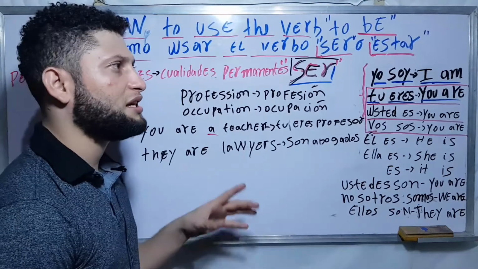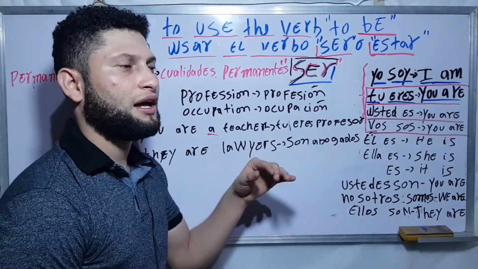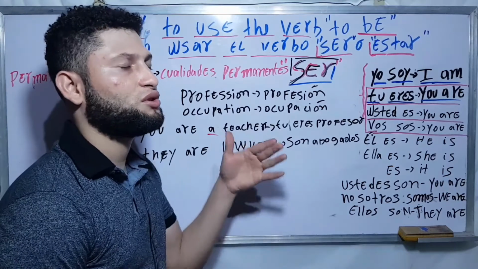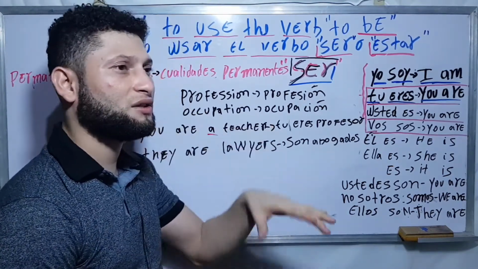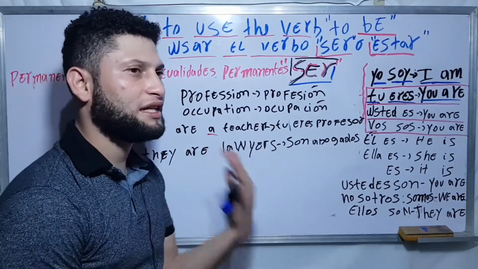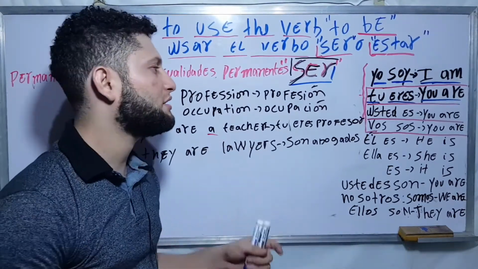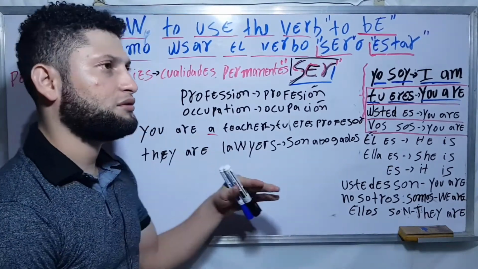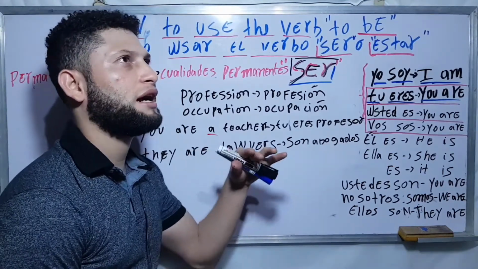So if you say yo soy a doctor, I mean yo soy un doctor, I am a doctor, it's okay, everybody will be able to understand you, but it doesn't sound natural. Okay, it doesn't sound natural. Much better to say just you are teacher, you are doctor, instead of saying you are a doctor.